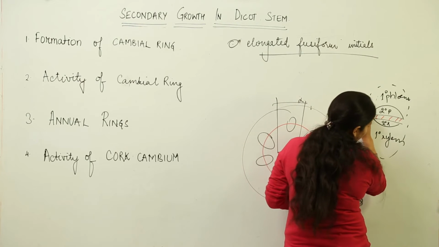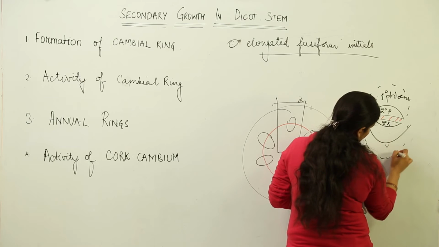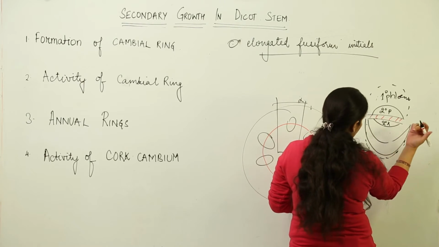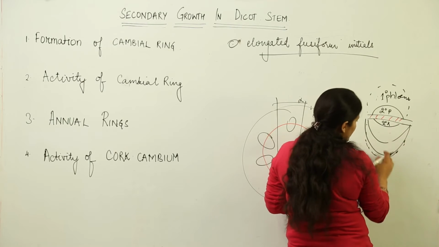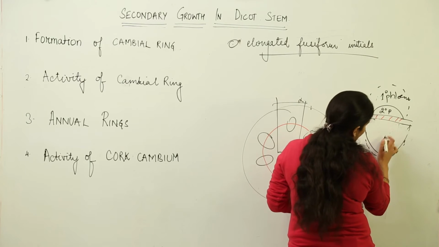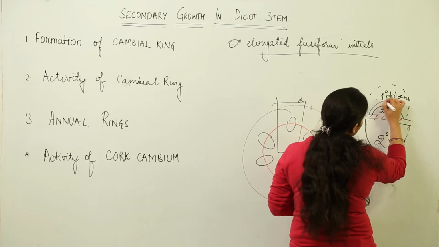Gradually it would keep on increasing. This secondary xylem would increase, and this primary xylem is decreasing in size with time. You have to remember that the growth of secondary xylem is quite rapid as compared to the growth of secondary phloem, which is slower.